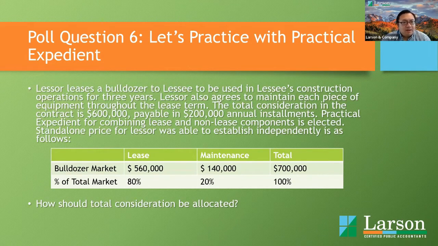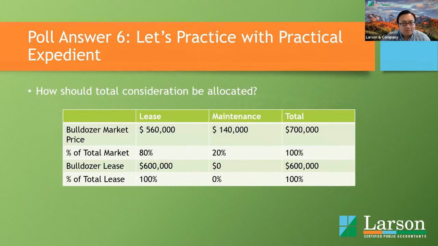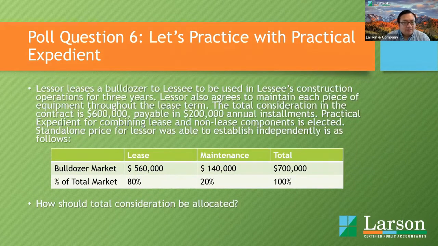So here is the poll question again. Similar fact pattern here, but this time you're going to be using the practical expedient for combining leases.